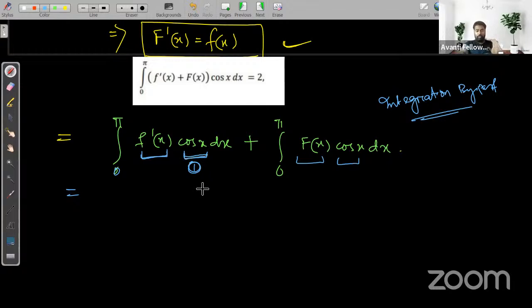So we know the differentiation of cos x, and we can easily integrate f dash of x. So I am taking cos x as my first function and f dash of x as my second function.